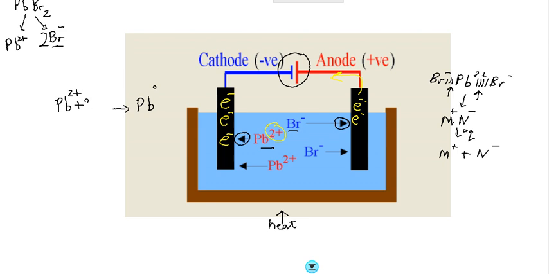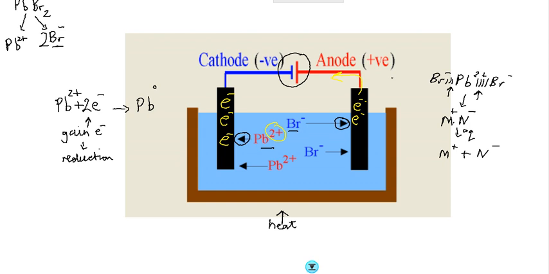So it has to gain 2 electrons. 2 negatives plus 2 positives gives me a neutral charge. Now, the lead ion has gained electrons, and you need to understand that that is referred to as reduction. So the reaction occurring at the cathode is of course reduction.